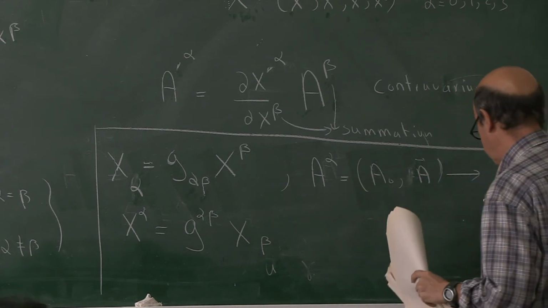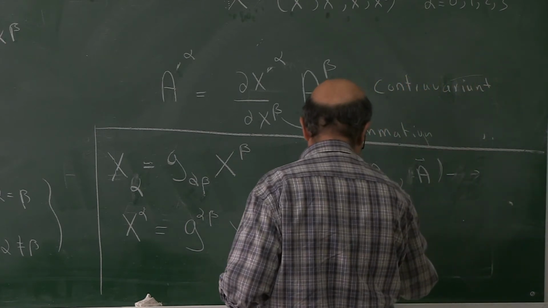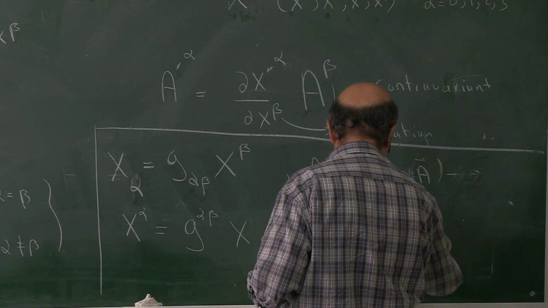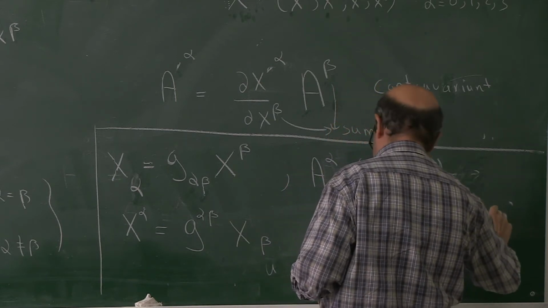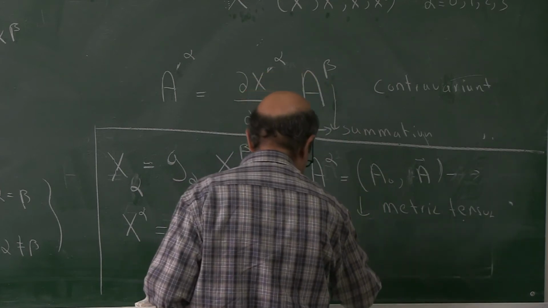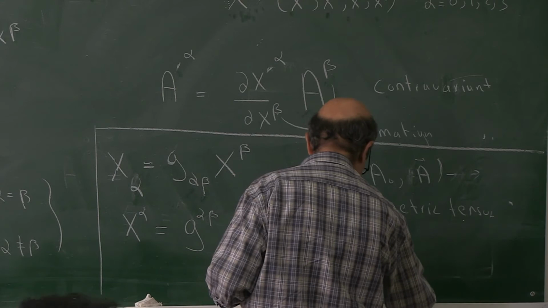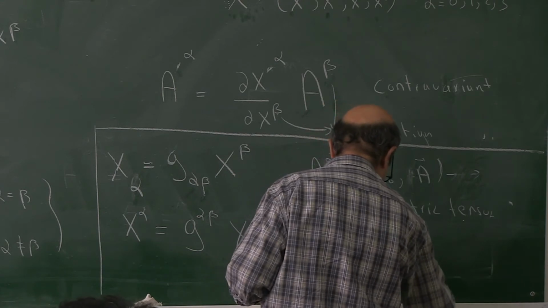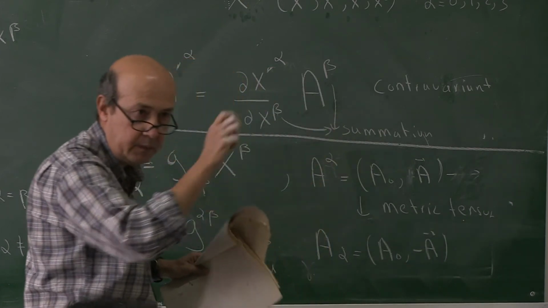This is not a good place, maybe this one. So act the metric tensor like a processing and lower this. What will change? This will go to the minus. The space part will be reflected.